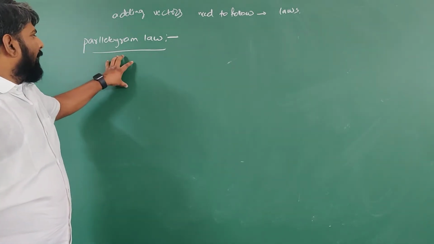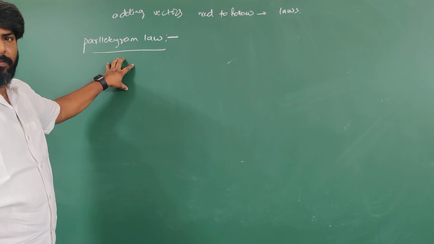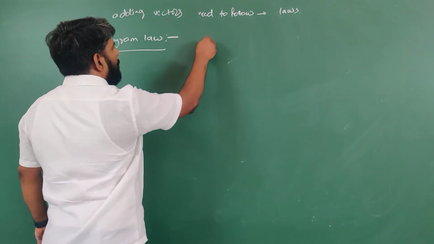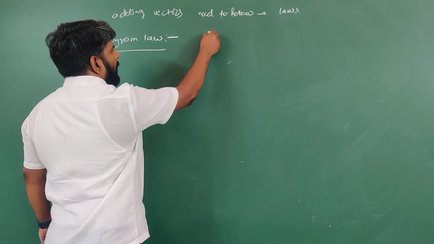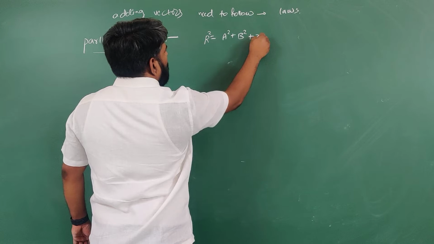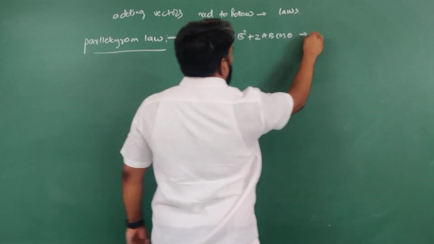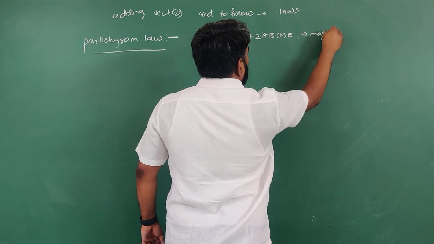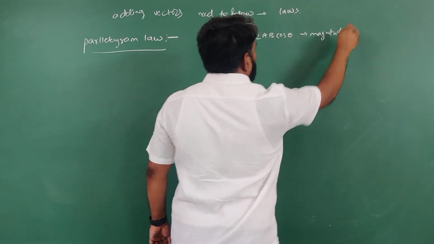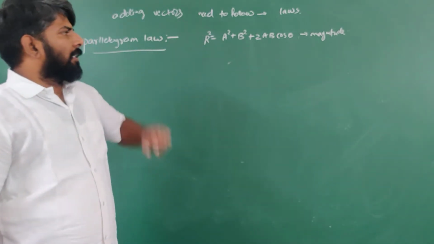By using this law, while adding two vectors, you can find the equation for magnitude of the vector: r square is equal to a square plus b square plus 2ab cos theta. This is the expression for finding magnitude of the resultant vector.